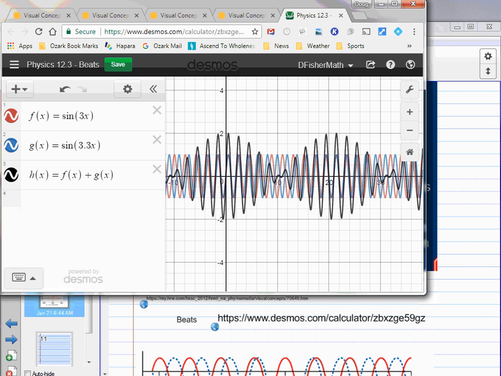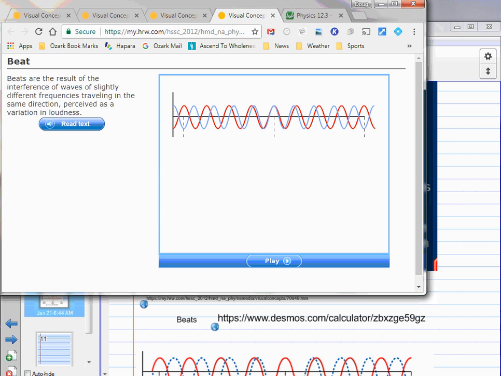Then that amplitude disappears down there at 10, increases again at 20, disappears down at 30. So I have these large and small amplitudes, constructive and destructive interference. My large amplitude is a tone that I hear, and then that tone disappears, and then that tone comes back. We'll look at a little video about it, and then we will listen.